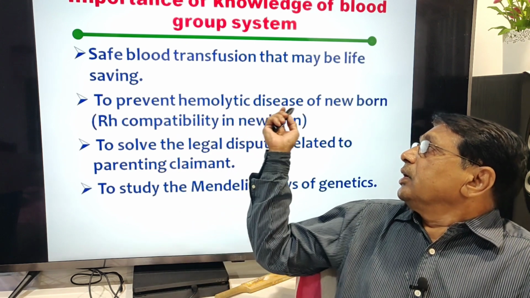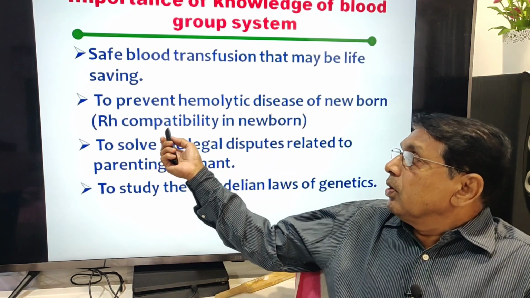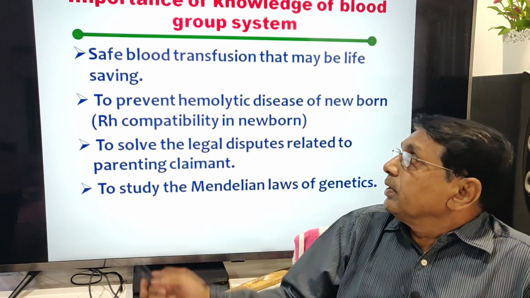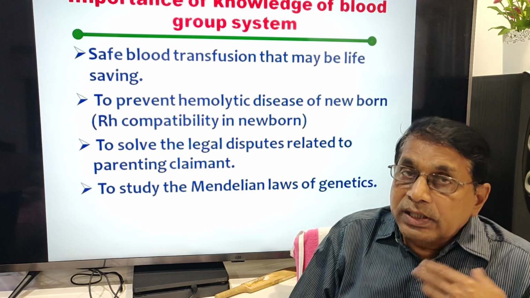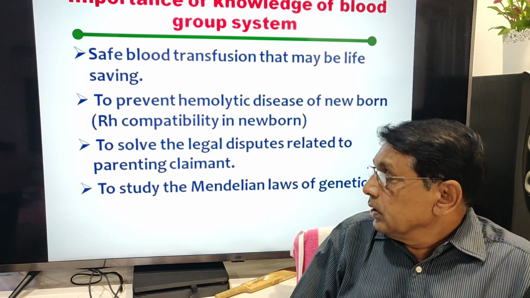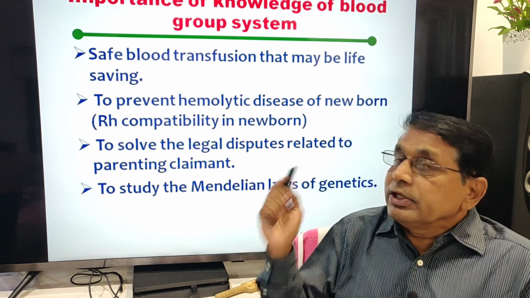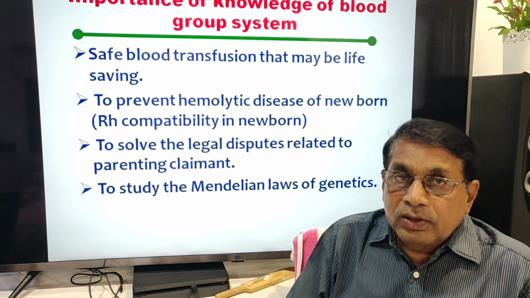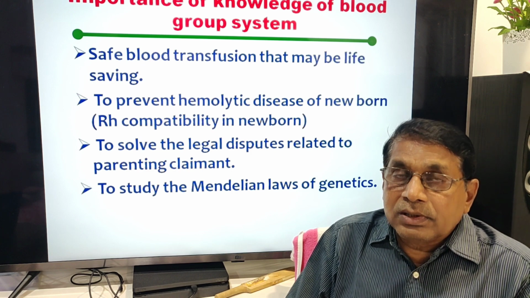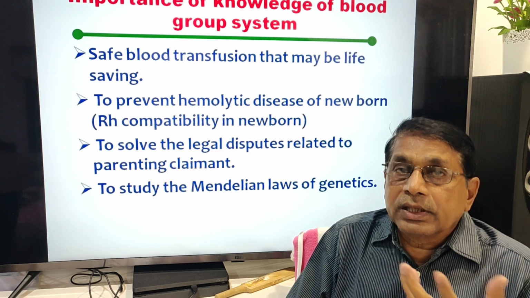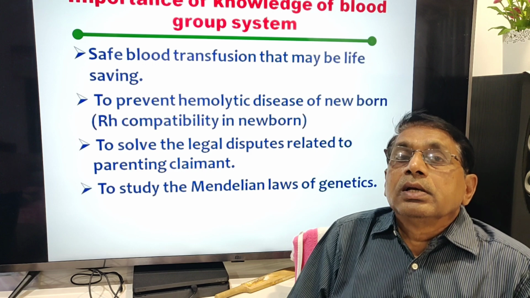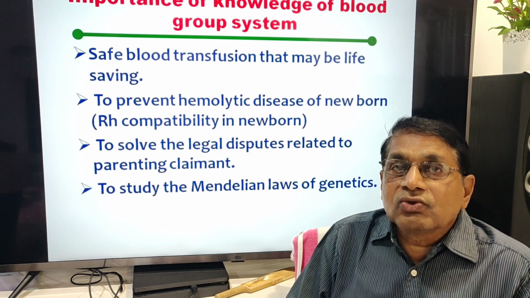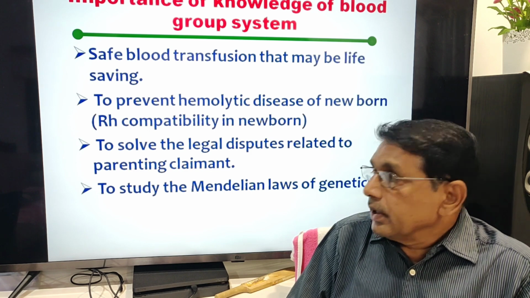To prevent hemolytic diseases of the newborn due to RH incompatibility; some are born with hemolytic disorders, they need the transfusion of the blood. To solve legal disputes: suppose a baby is born, two fathers or two mothers are claiming that the child is mine. In that case, through the blood analysis, one can determine who is the actual mother, who is the actual father, and who are the parents.